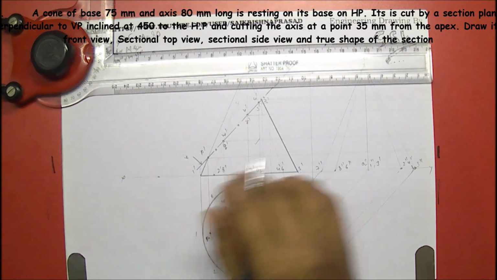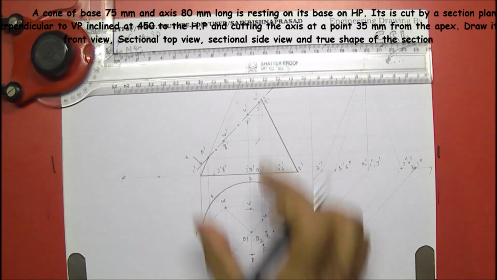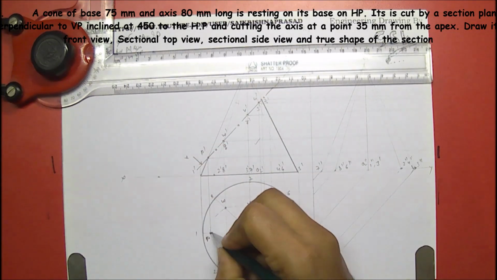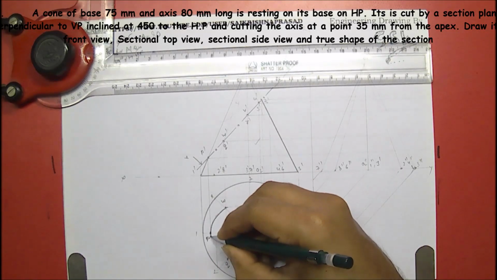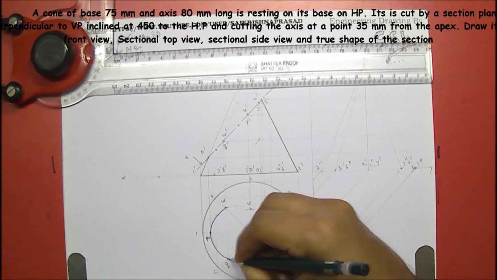The light stroke lines, you can represent this over here, and if you are satisfied with this one, you can draw dark.